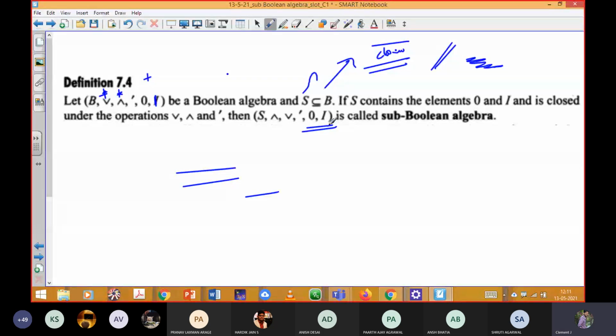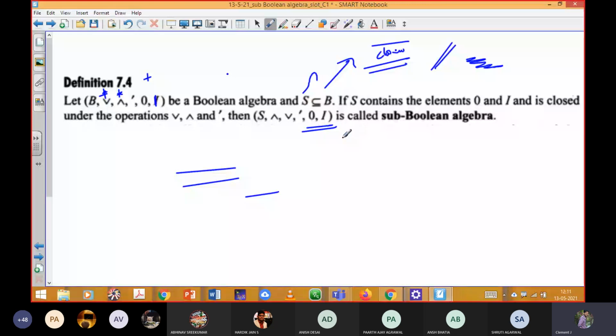Yes, sir. Should the subset also have the same lower and upper bound, sir? Very good. Superb. So the subset should also have the same 0 and 1. That means it is not required to have the same 0 and 1, but the subset should have a greatest element and a least element.